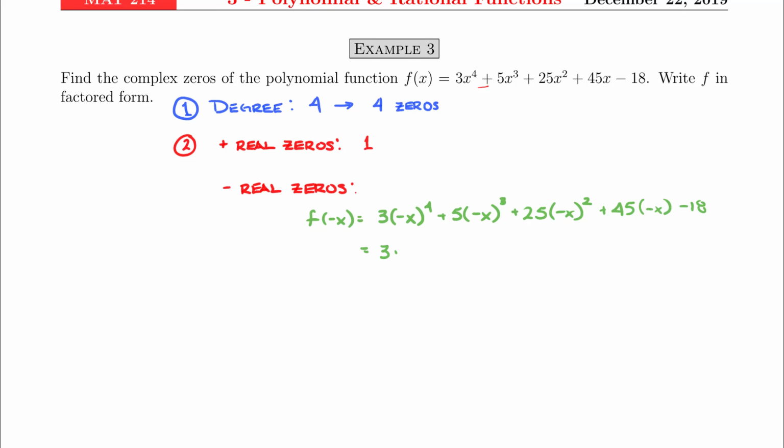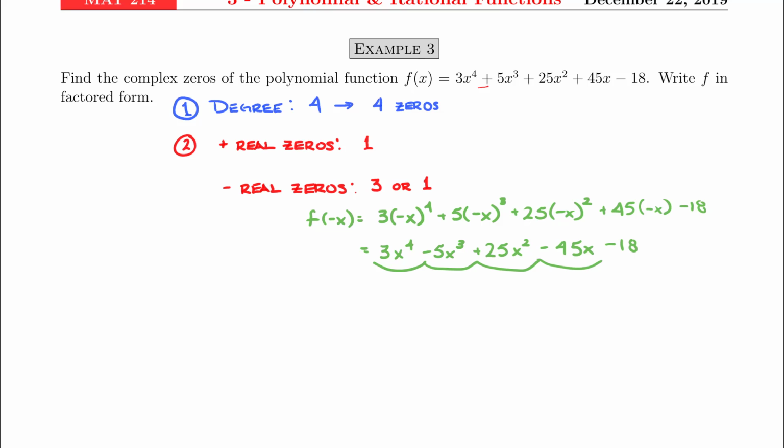And what we get is 3x to the 4th minus 5x cubed plus 25x squared minus 45x minus 18. And we count sign changes. There's 1, 2, 3, and that's it. We get 3 sign changes. So that means that we have 3 or 1 negative real zero.